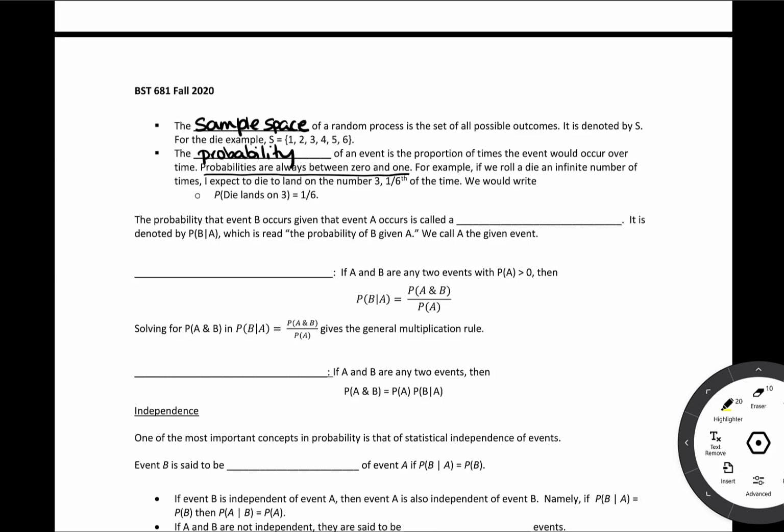The probability that event B occurs, given that event A occurs, is what we call a conditional probability.